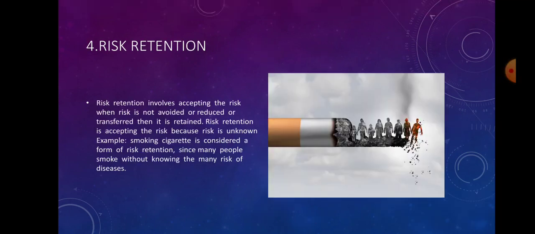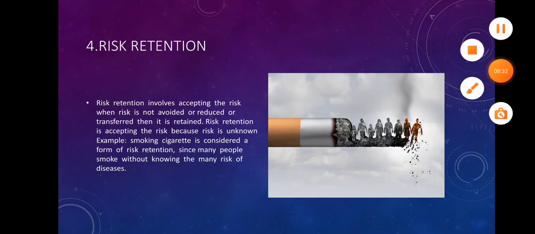Next is risk retention. Risk retention means accepting the risk. He is accepting the risk in the sense that he already knows that by doing this activity he will become unhealthy or face some risk. For example, smoking. On every packet of cigarettes or bidis, it is written that smoking is injurious to health.